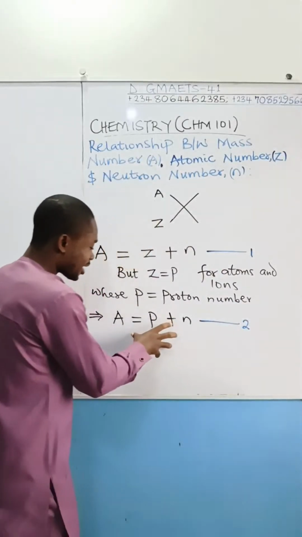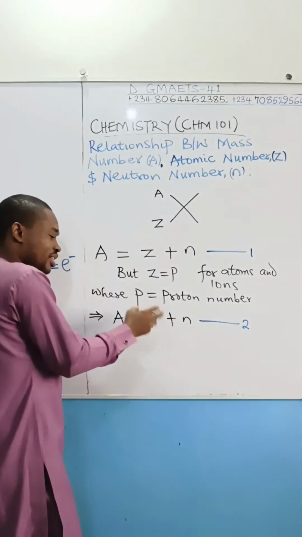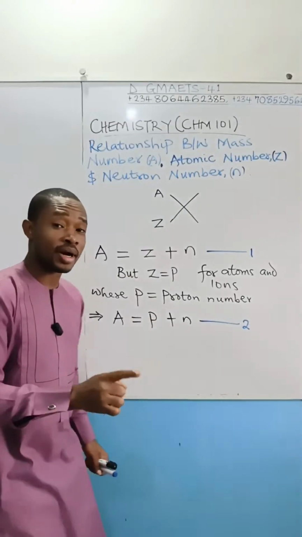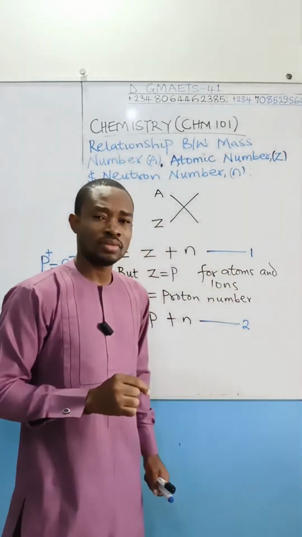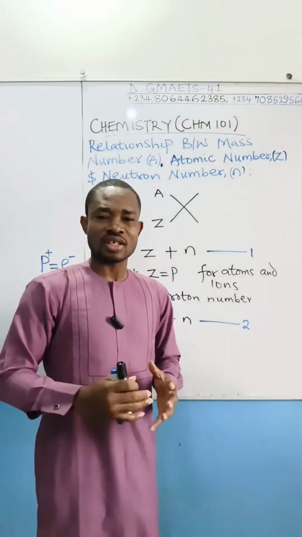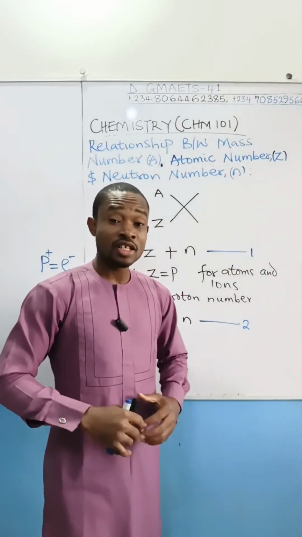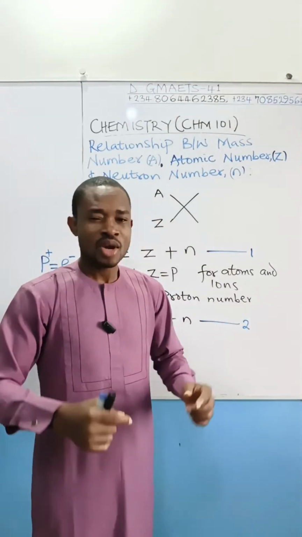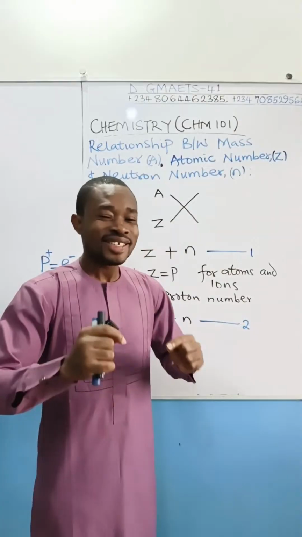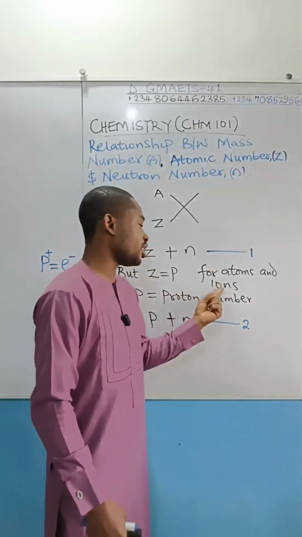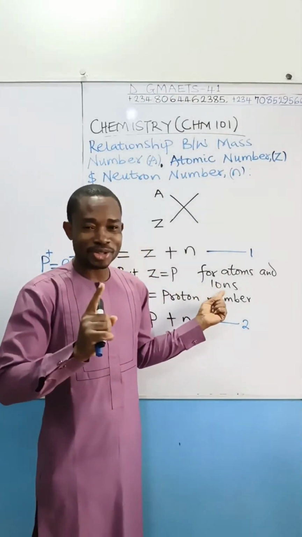Therefore, I can bring in electron number here in place of proton number. But remember, that is for an atom. I'm stressing this because what I just said here is not true. I repeat, what I just said here about proton being equal to electron is not true for an ion. It's not true for an ion.